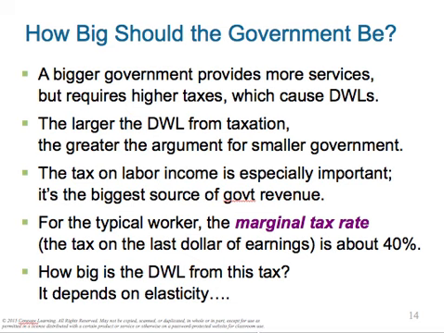The next few slides are adapted from the case study section, where we look at the deadweight loss debate, which is in this chapter of the textbook. The title of this slide is actually a direct quote from that section. How big should government be? Why the marginal tax rate is relevant is important.